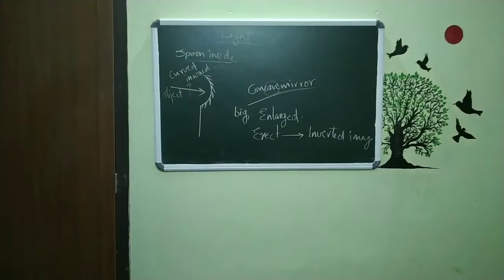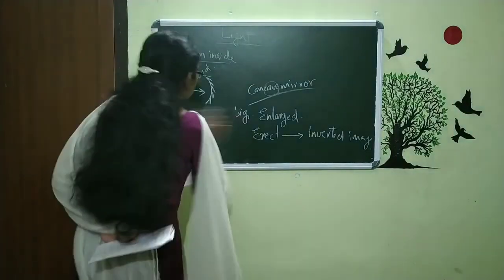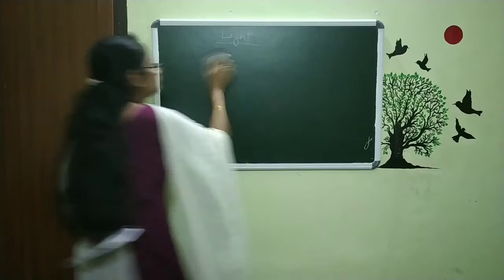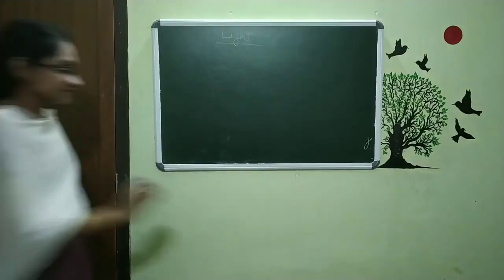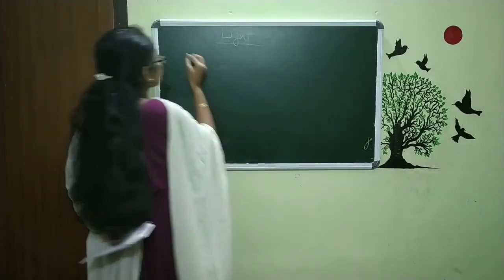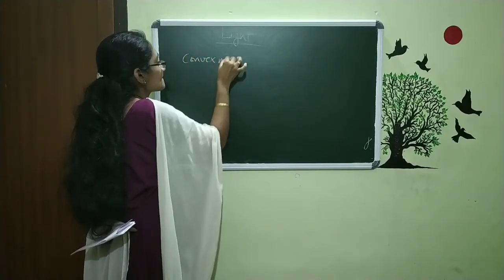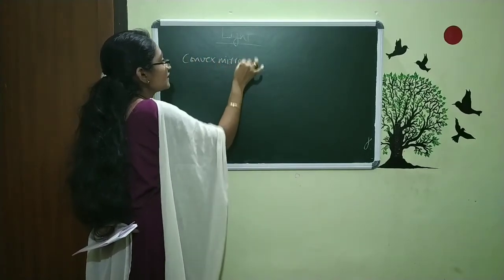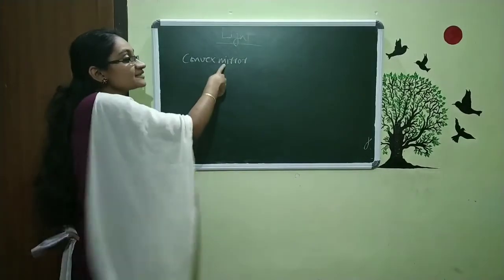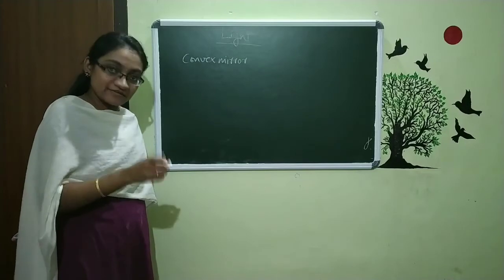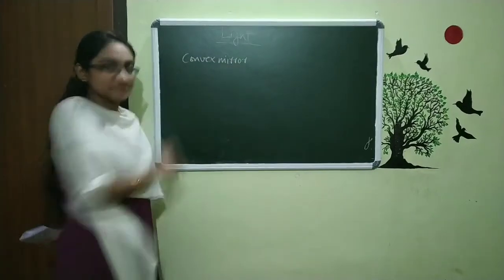So here we discussed two types of spherical mirror. What's the name? We discussed two types of mirror. Convex mirror. When you are writing this, you want to add the word mirror because the next topics are convex lens and concave lens, so this mirror term is important.